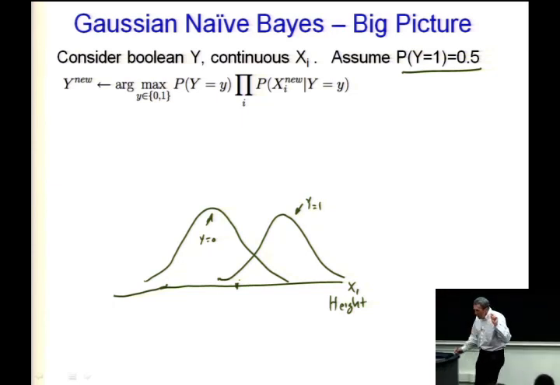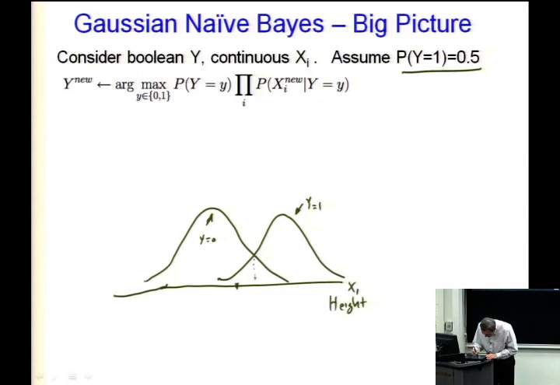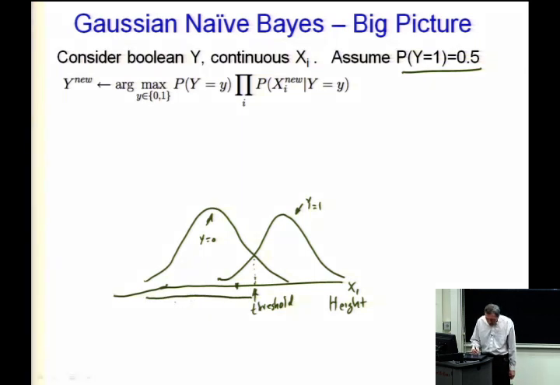And so what that means is any point to the left of this threshold, any point over here, it's more probable that y equals 0, given x.